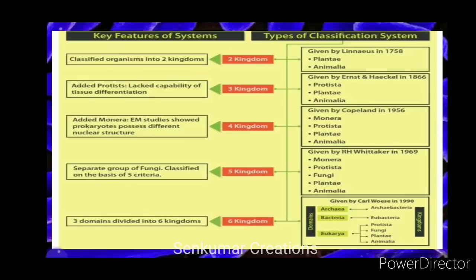So the six kingdoms in total are archaebacteria, eubacteria, Protista, fungi, Plantae, and Animalia. You can learn this table very clearly, and then you will come to know the clear structure of the different classifications of kingdoms according to different scientists.